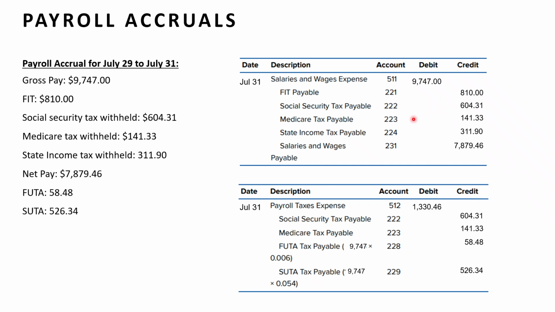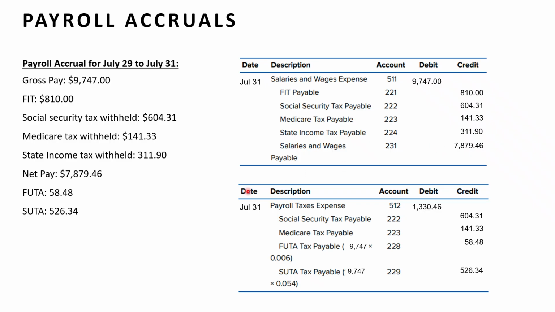Medicare tax payable, account 223 of $141.33. And state income tax payable, account 224 of $311.90. And we finally record the net pay as a liability in account 231, salaries and wages payable, for $7,879.46.